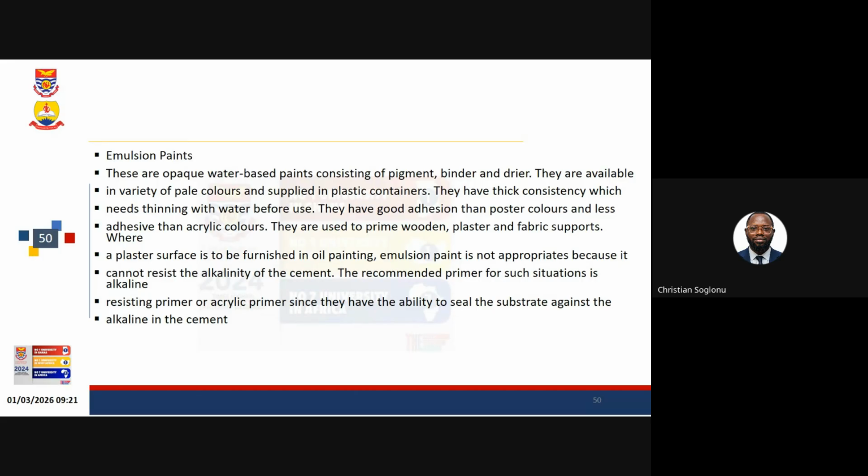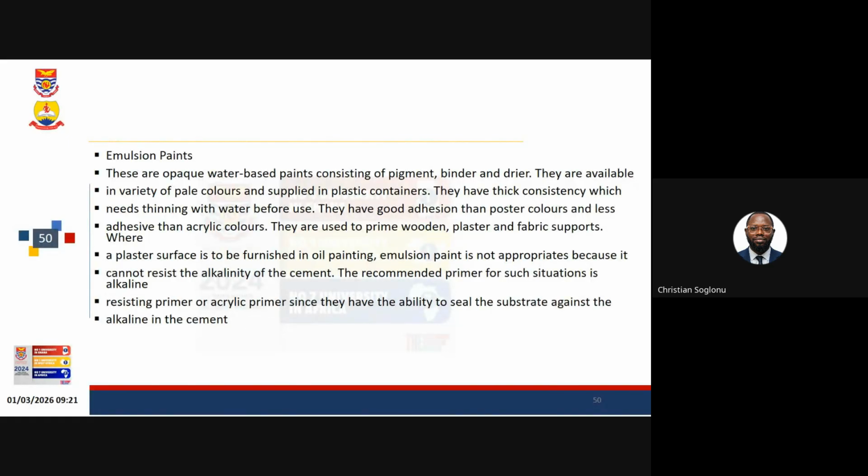The recommended primer for such a substrate is an alkali-resistant primer or acrylic primer, since they have the ability to seal the substrate against the alkalinity in the cement.